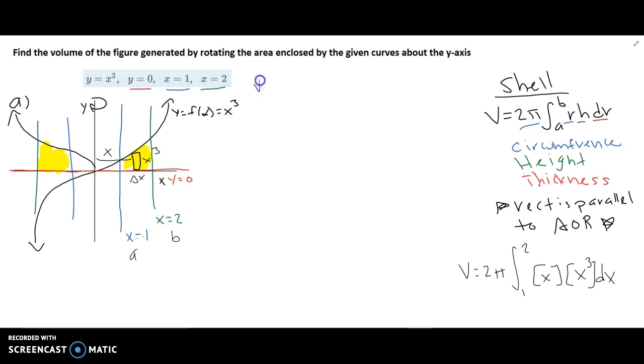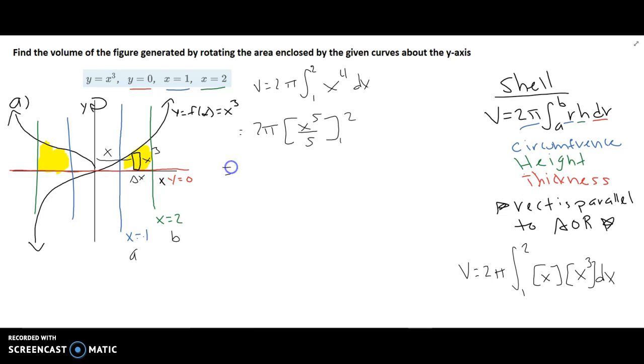So we have V equals 2 pi times the integral from 1 to 2 of x to the 4th power dx. Now we know that the power rule is going to help us out here. We have 2 pi times x to the 5th over 5, evaluated from 1 to 2.